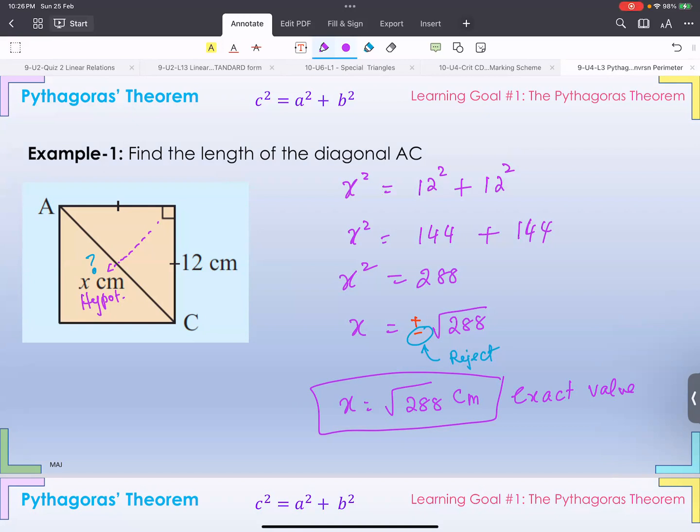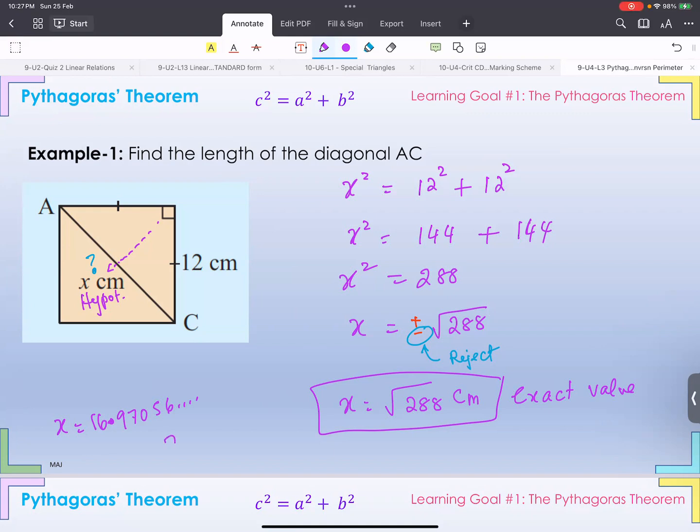If you put root 288 into your calculator, it turns out to be 16.97056, and so on. If you round this to 2 or 3 or 4 significant figures, it's still going to be a rounded value.